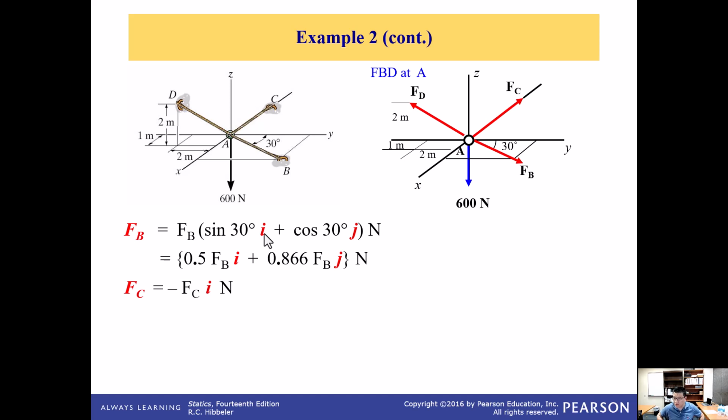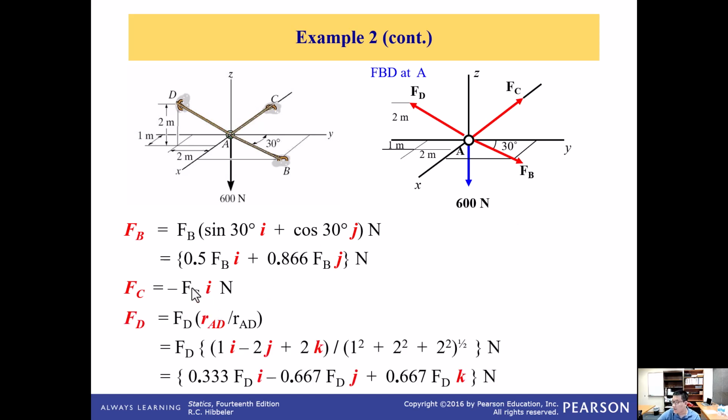And for FC, it is exactly in the negative of the X direction, which will be just negative FC times i. And for FD, the direction will be the direction vector of RD divided by RD's magnitude, which becomes this vector.